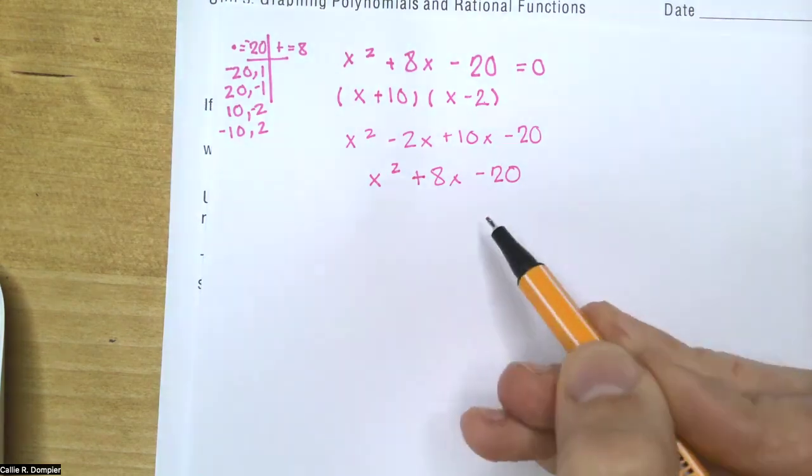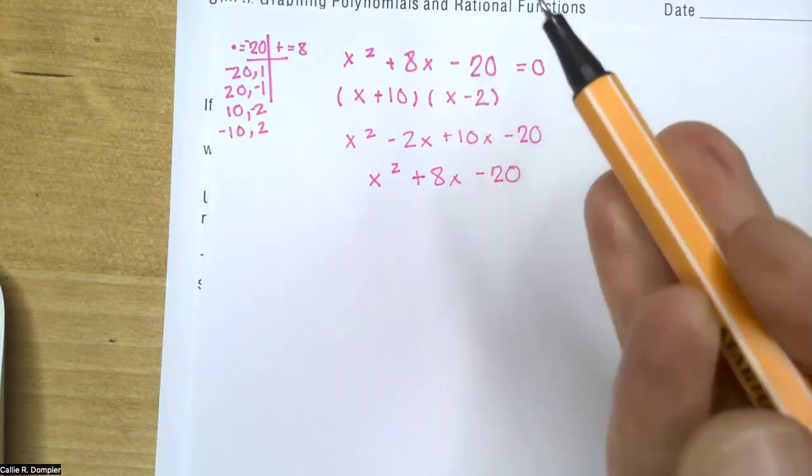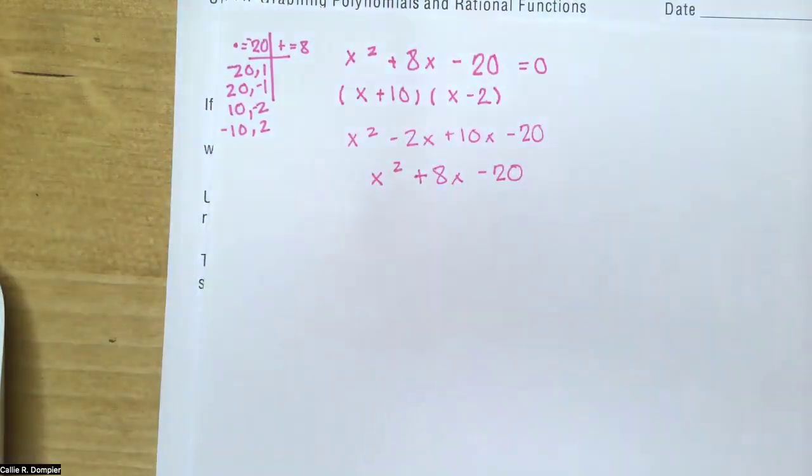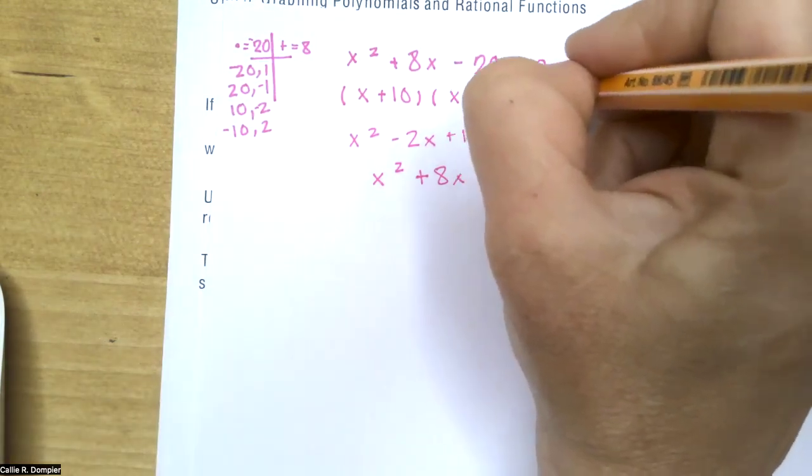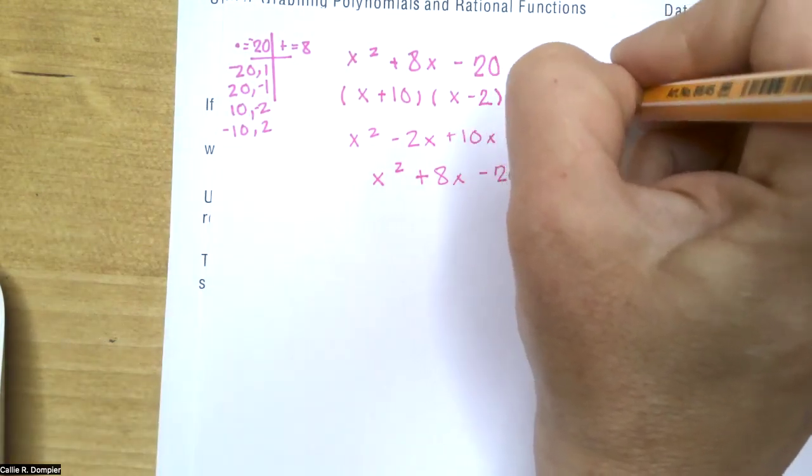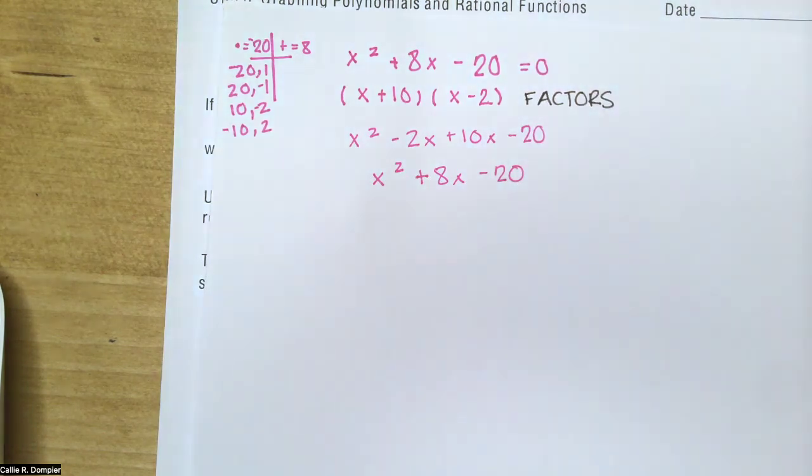So it goes back to what we had before, right? So these are the factors of this polynomial.